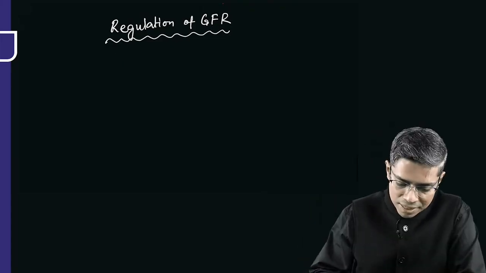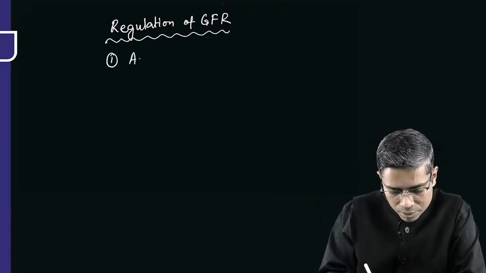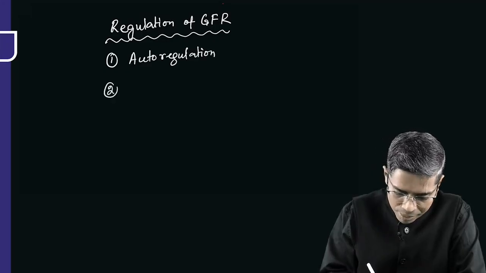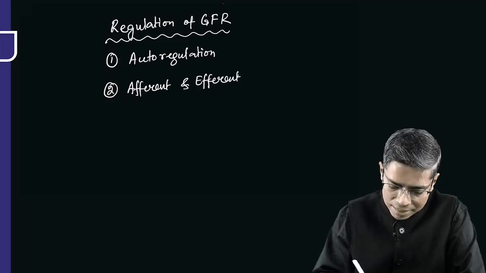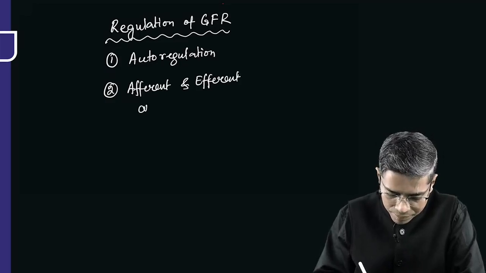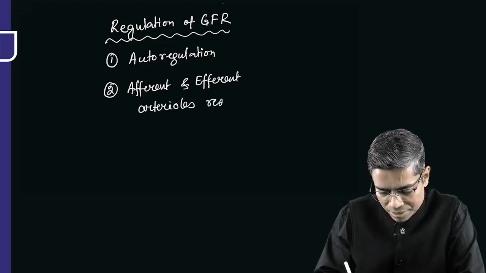You remember it like this. Regulation of GFR means number one, autoregulation, and number two, afferent and efferent arteriole resistance.